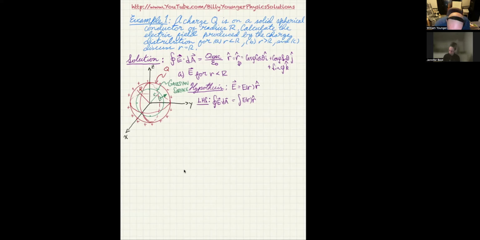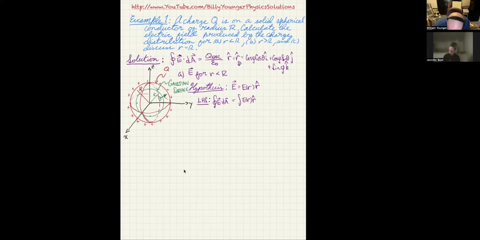And in spherical coordinates, there's a very specific dA I'm referring to, but you really don't need to know it at all. I just need you to know it exists and that in this case it's going to have an r hat as its direction. Now, because we're doing this on the Gaussian surface, this is what we call a surface integral.